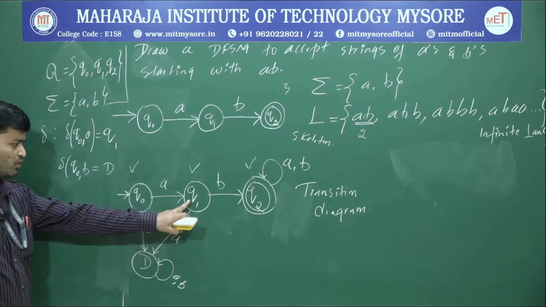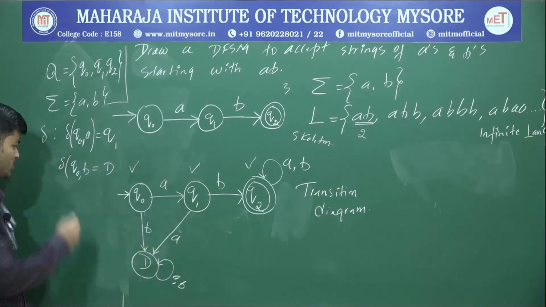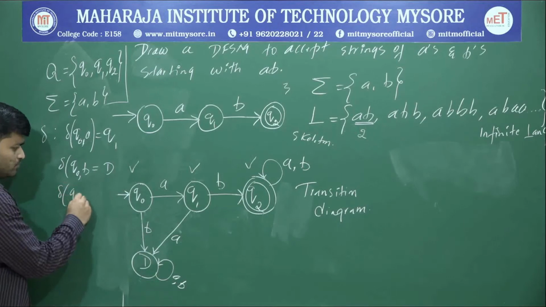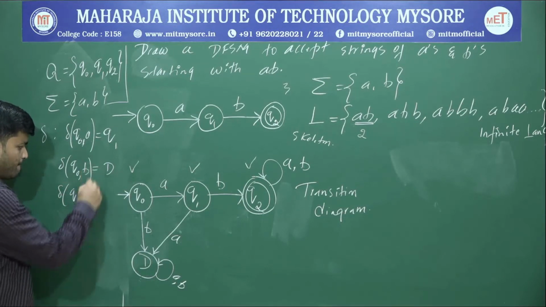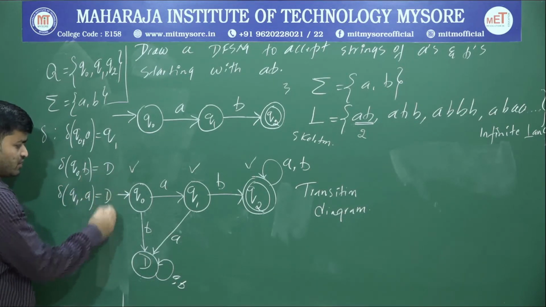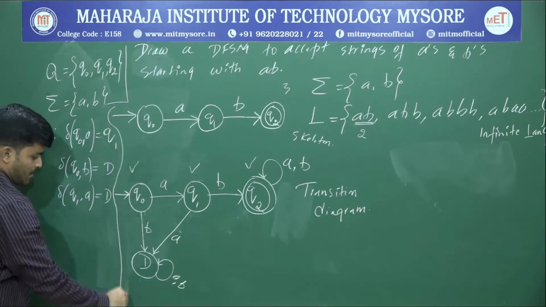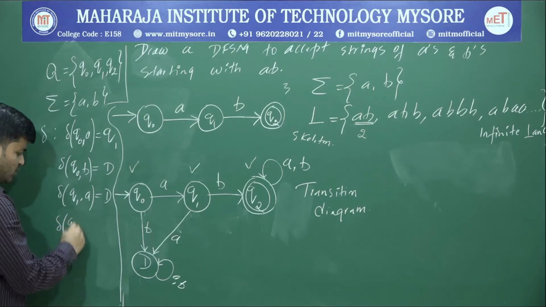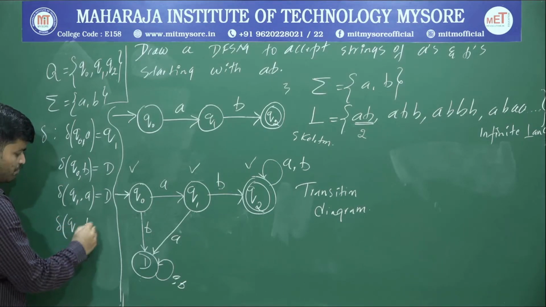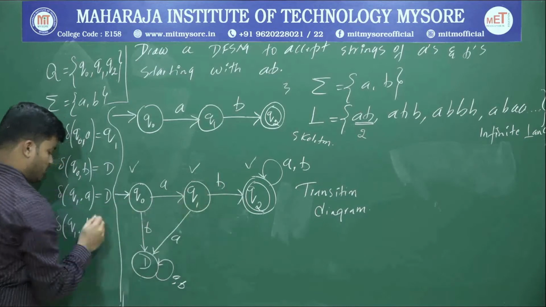Next, go with Q1. What is Q1 comma A? Delta of Q1 comma A is again dead state. What is the delta of Q1 comma B? Q1 comma B is Q2.